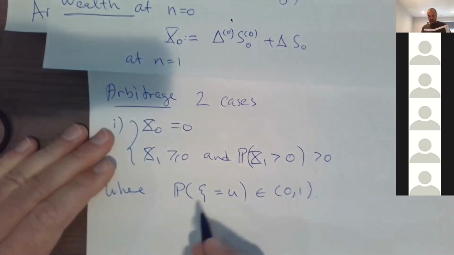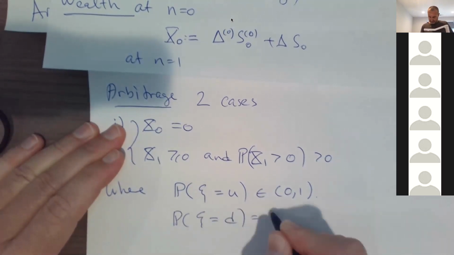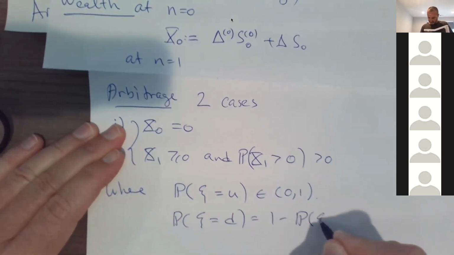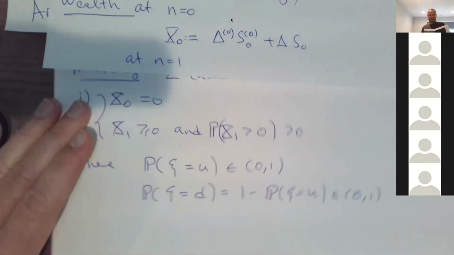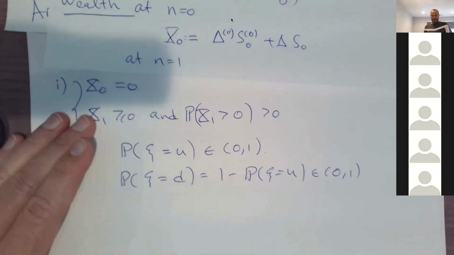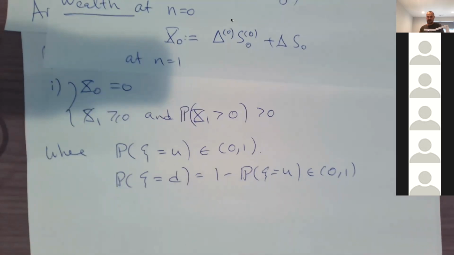And of course, p of psi being d is 1 minus p of psi being u, which is of course then also going to be a number between 0 and 1. So we're not assigning specific values to being u and d, we're just assigning some probability to it.